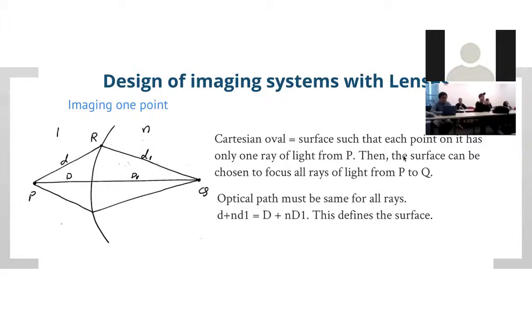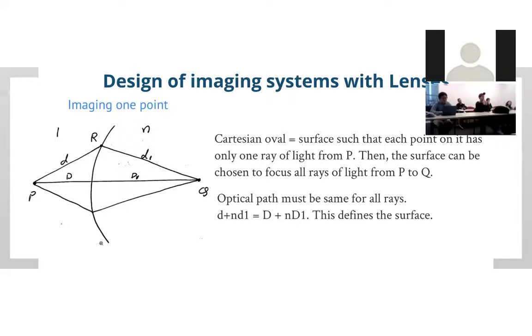Then the surface can be chosen to focus all rays of light from P to Q. So what that means is that this ray of light at point R has to bend such that it goes to Q. And then from here, by knowing this bending angle, you can select what the orientation of the surface should be in order to satisfy Snell's law of refraction, which you saw before. Okay, so that way you can actually define the surface.